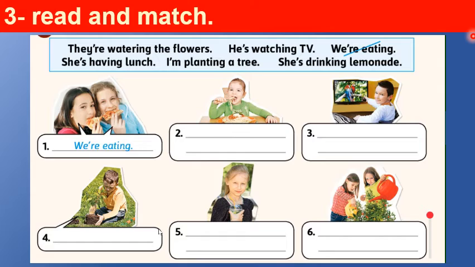Let's answer this exercise and do it. As you can see in the box, we have sentences, and down the box there are pictures. All we have to do is look at the picture, guess what they are doing, and choose the correct sentence from the box.